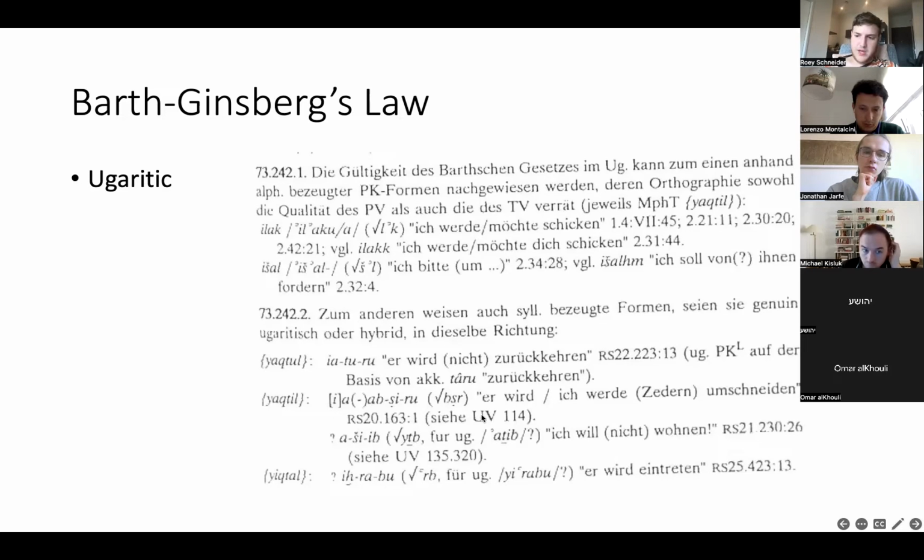Yabtsiru, he will cut, ashib, as opposed to ichrabu, he will enter or something like that. Okay, everything clear? This is from Troppel's book, of course.